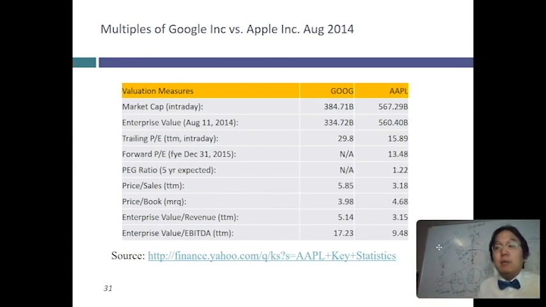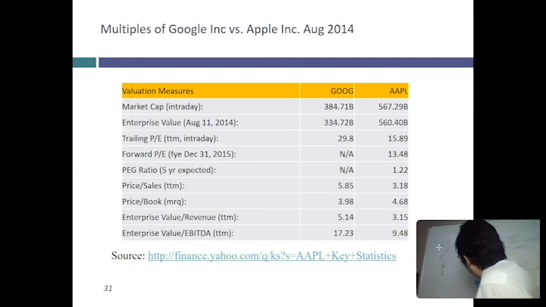You're sitting, for example, in the middle of the year. Shall I draw a timeline over here again? Trailing PE versus forward PE.